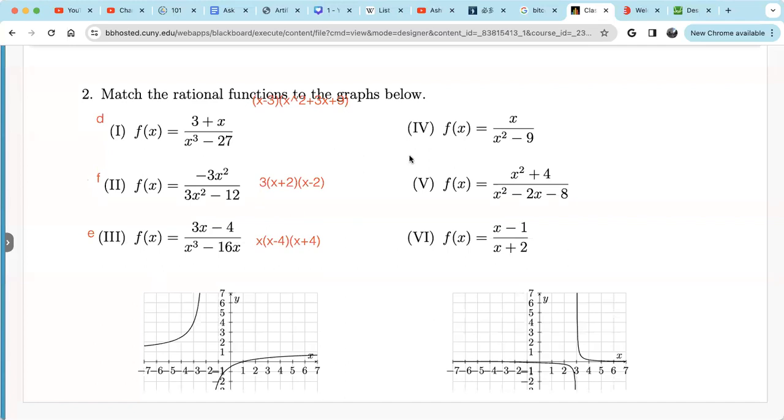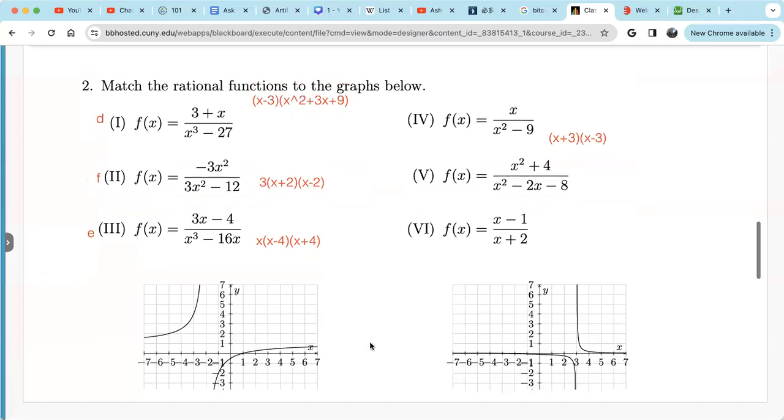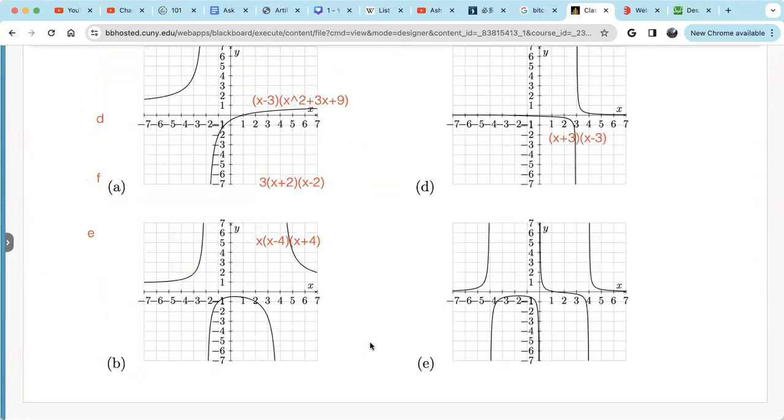Now let's look at 4. 4, we have x squared minus 9. This can be factored as x plus 3 and x minus 3. So we get 2 vertical asymptotes at 3 and -3, because it cannot be simplified with the numerator, right?